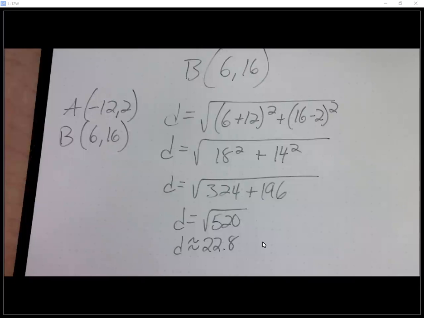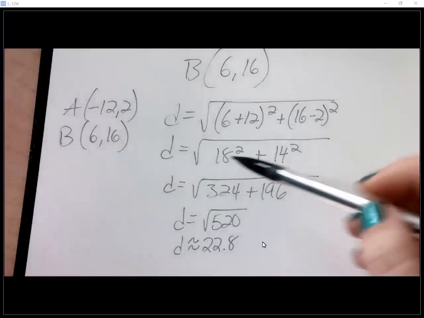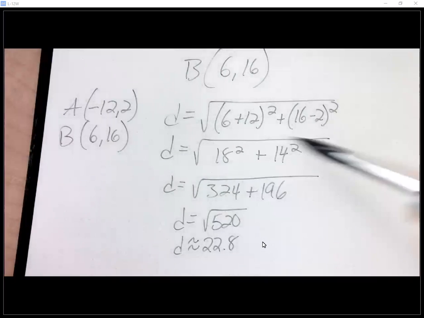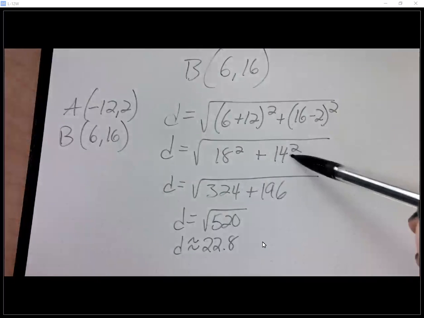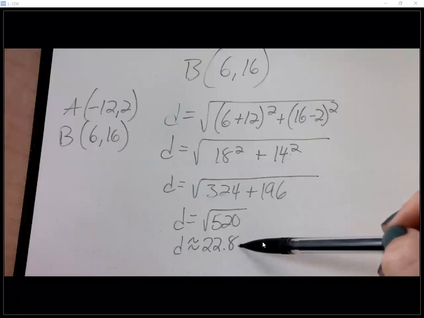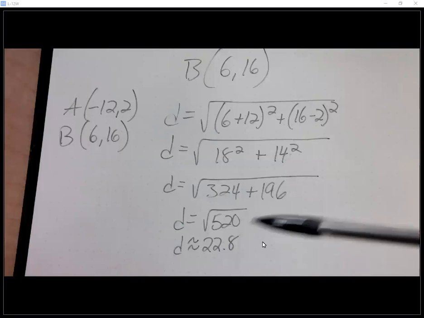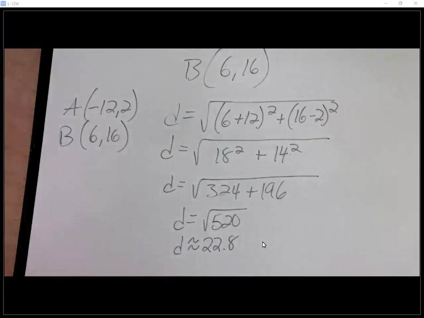By the way, let me just show you, remember Braylon's question way back at the beginning, wouldn't the square root just cancel out the squaring? It's really easy to see here. If you had done that, is 18 plus 14, 22.8? No. So that just goes to show you're not going to get the same answer. You can't do it that way. You have to combine everything into one single number. And then the last thing you do is take the square root.